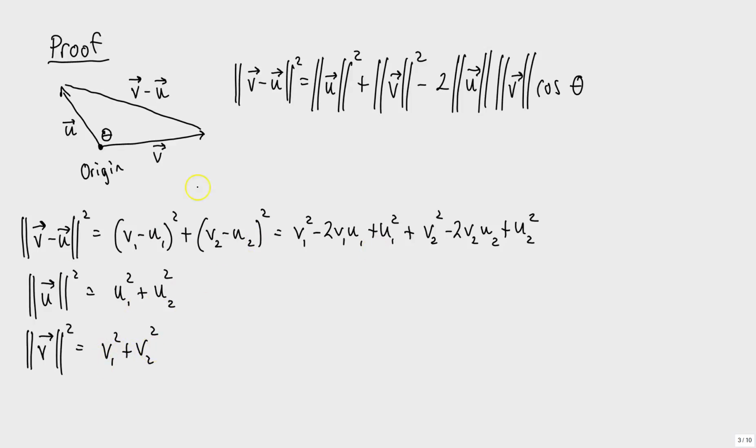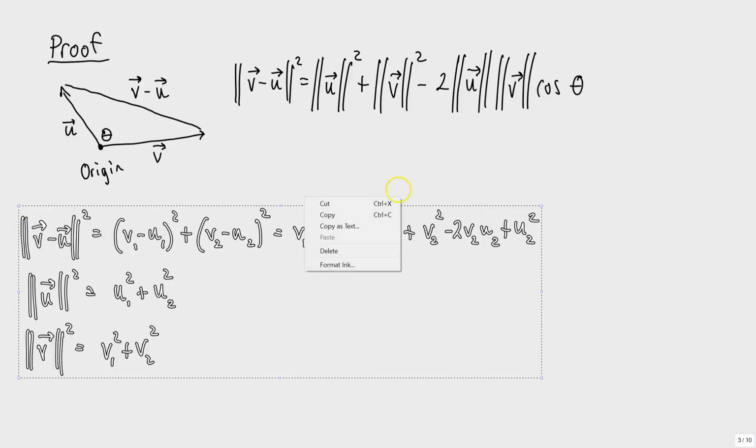And the length of v squared is v1 squared plus v2 squared. So now if we plug all that in up here, I could probably create a little bit more room here.